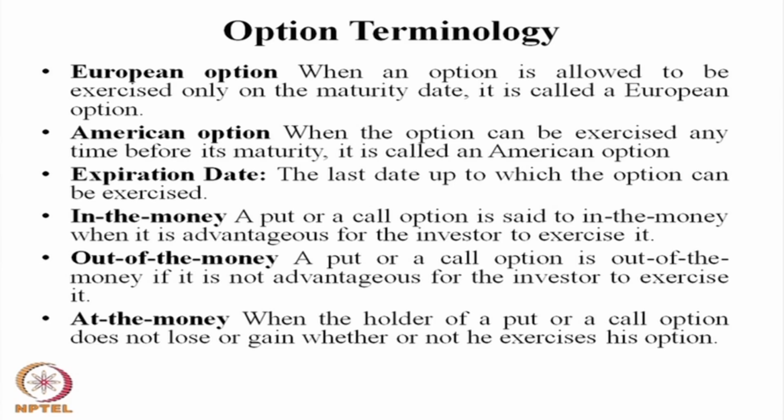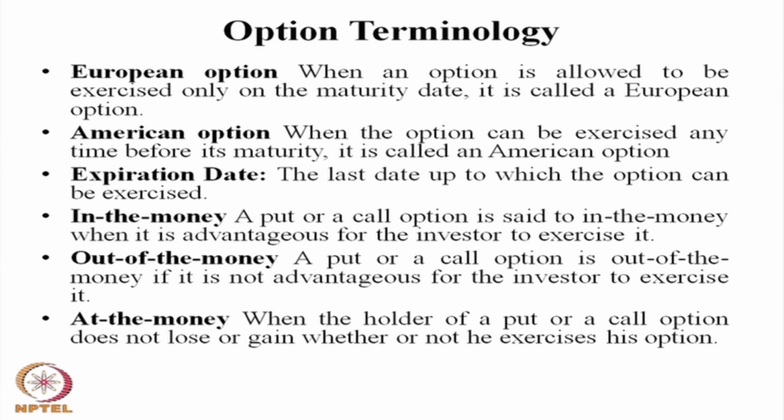So he is indifferent to holding the option, as the gain or loss is the same, and he is not exercising the options. There is no opportunity for the options buyer to gain by exercising.